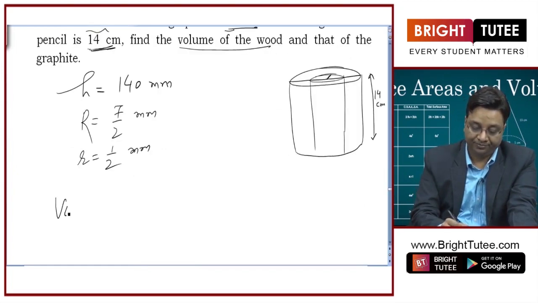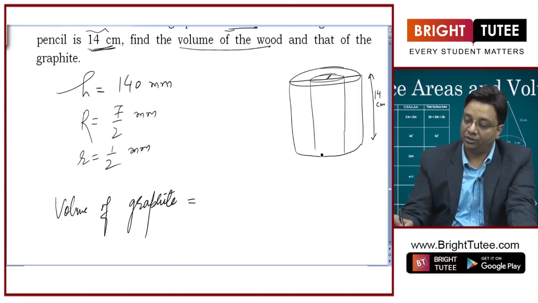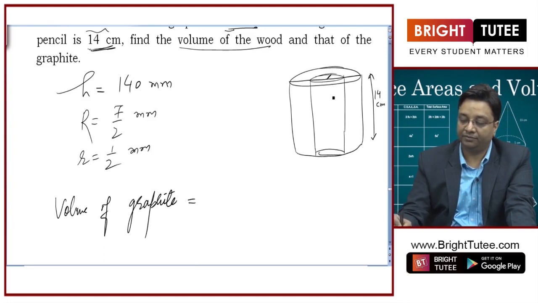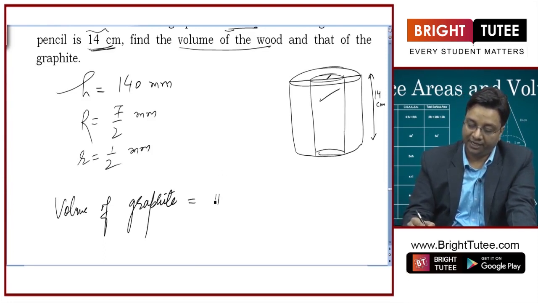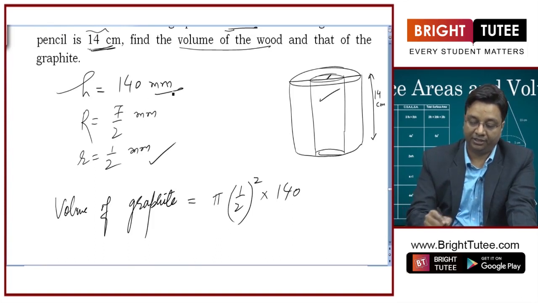So volume of graphite, let us find the volume of graphite first, is equal to volume of this inner cylinder, which is pi inner radius square into height, and height is to be taken in millimeters also to keep the units same.